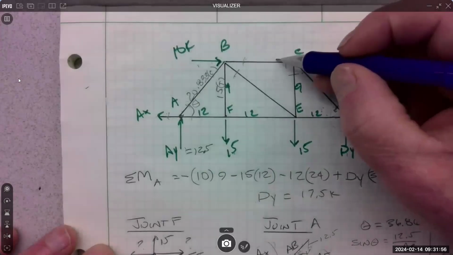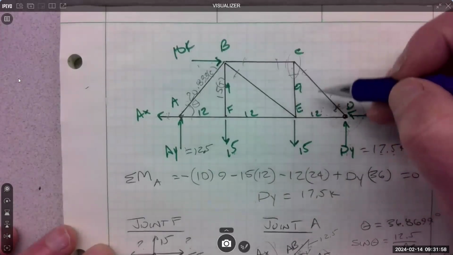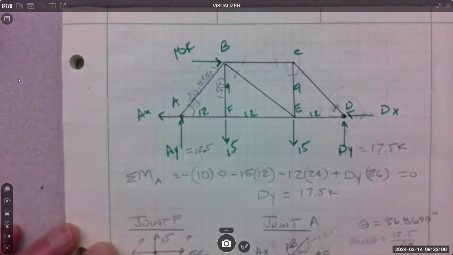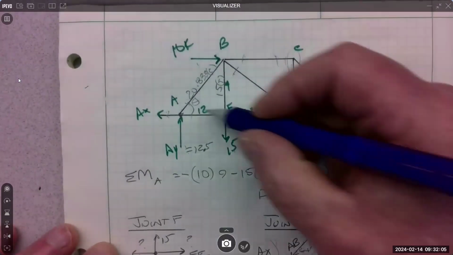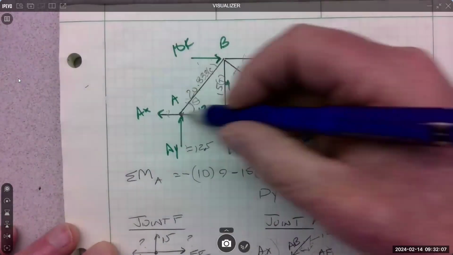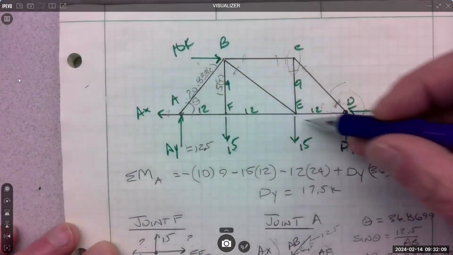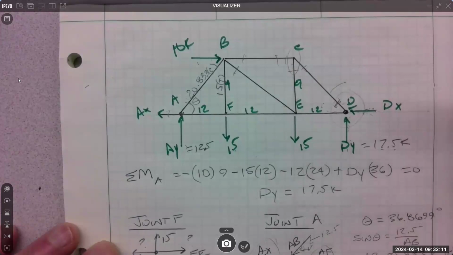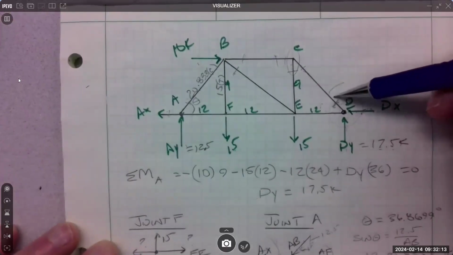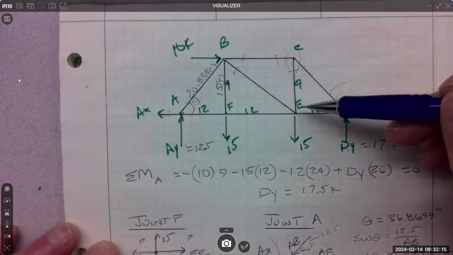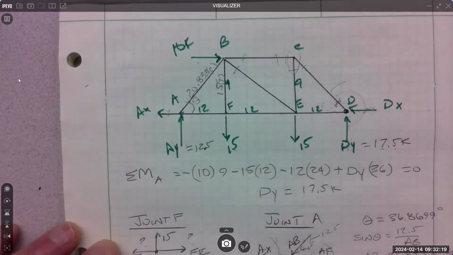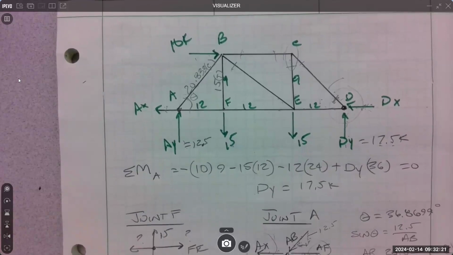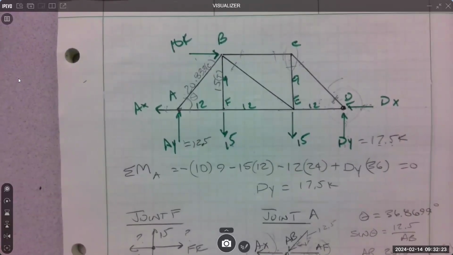Once you have this and this, you could go to C and get that, and you just continue to work around until you have everything except for these crazy X forces along the bottom. Once you get this, and you come down and get these two, you can get these. They become super difficult to get, so you have to get them last, very last.